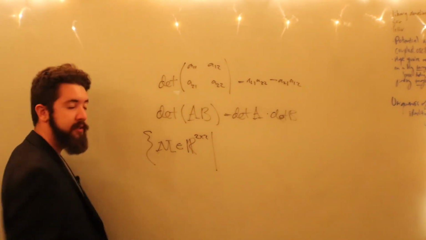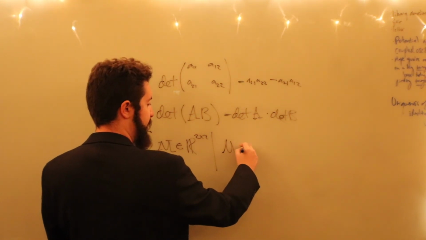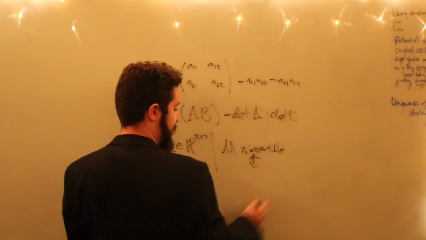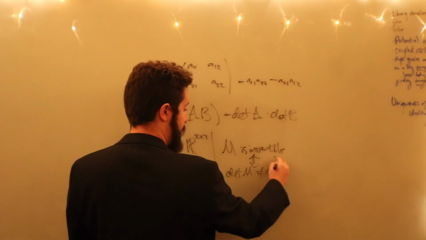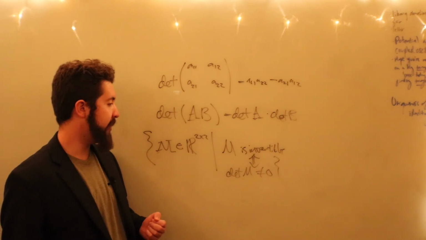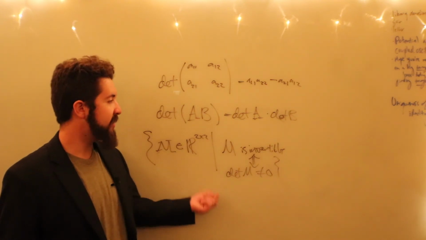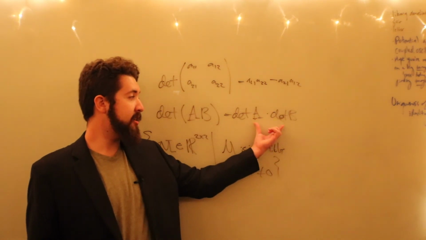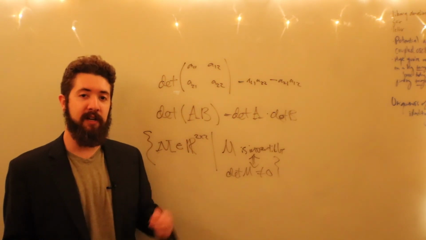So real 2 by 2 matrices, such that M is invertible, or equivalently, if and only if you like, the determinant of M is not 0. If we take this set of all 2 by 2 real valued matrices such that the determinant is non-zero, this is going to give us a group for precisely the reason I just told you: it's closed under matrix multiplication because their determinants are non-zero, so the determinant of the product matrix is non-zero.